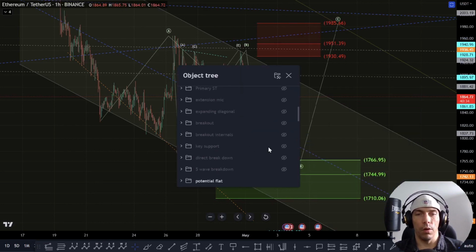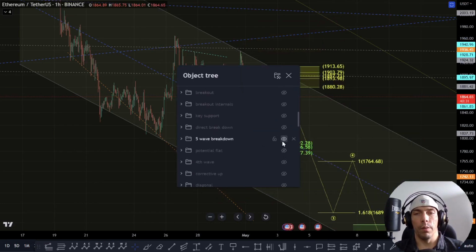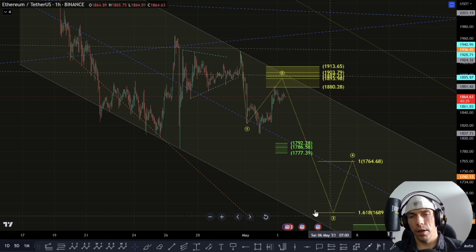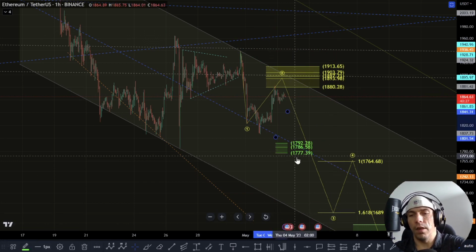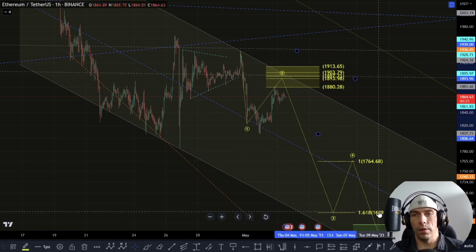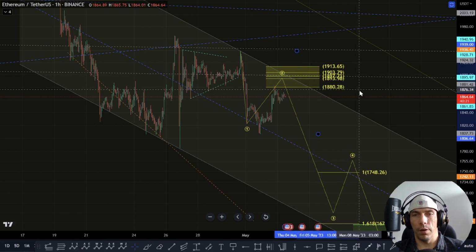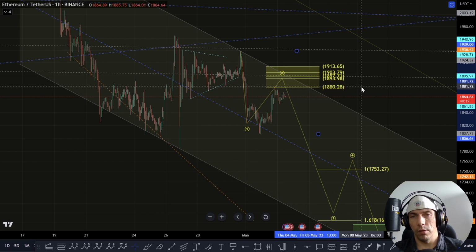Like I said previously, we're only going to get confirmation of a bigger five-wave breakdown here if we start to move down below these key areas here of this 1689. Now, that would be based off of coming up higher here. If we were taking this current structure, it would actually be at that 1678.